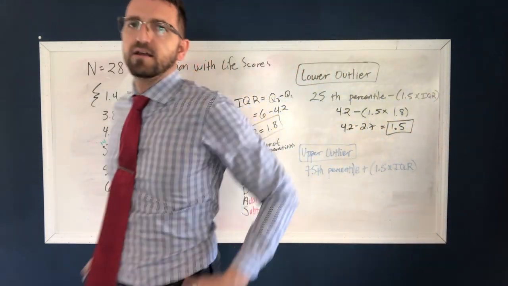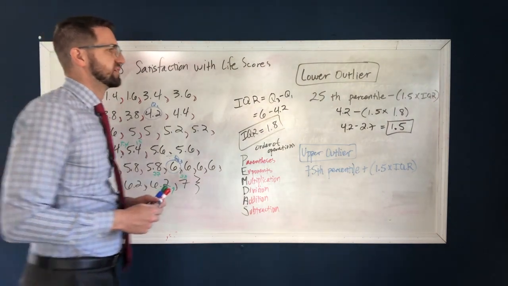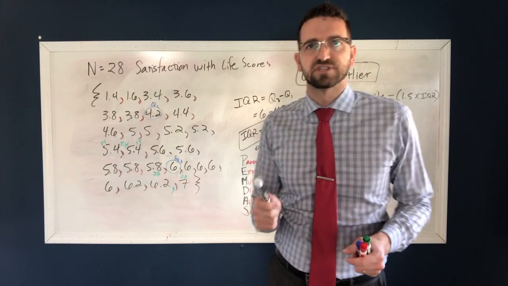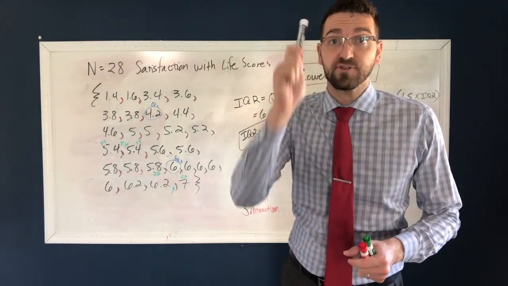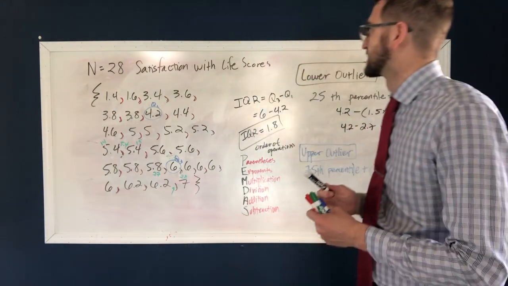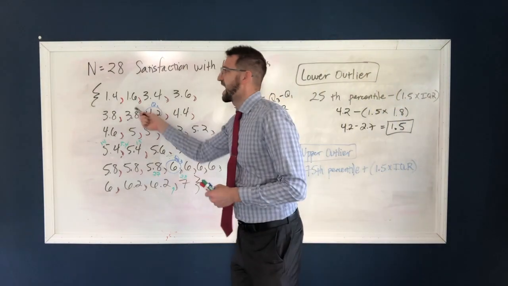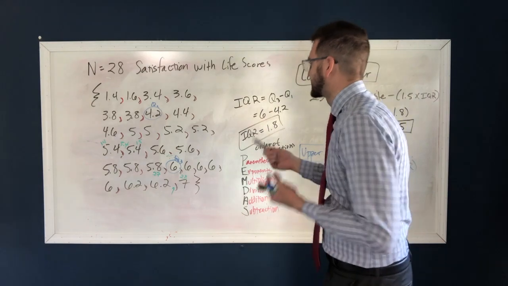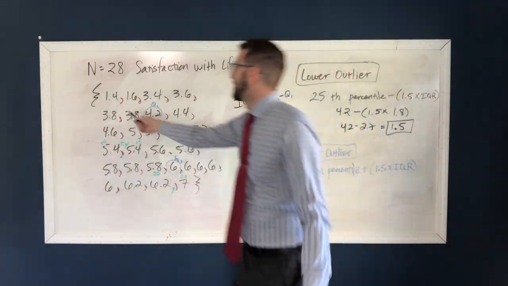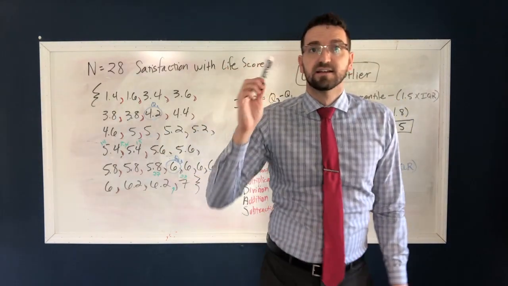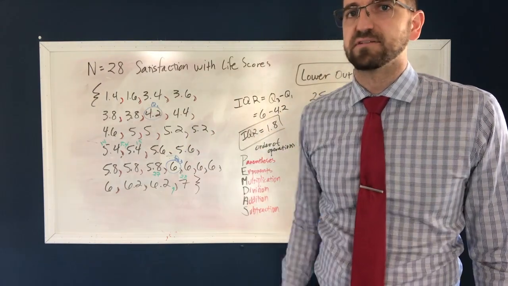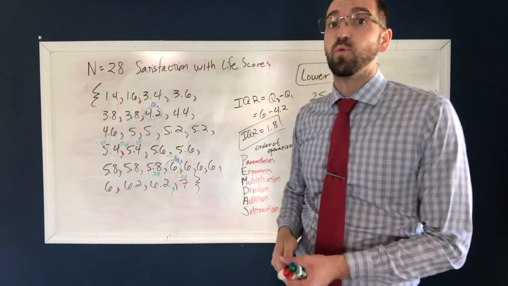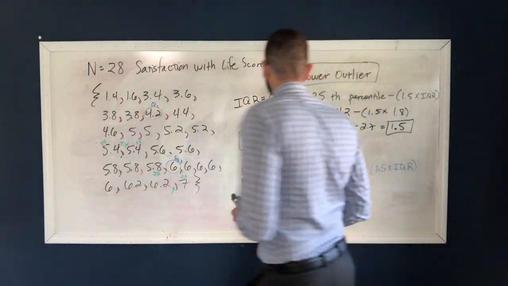So what does that 1.5 mean? It means any values in the distribution that are 1.5 or lower are considered outliers. Look over here. Do we have any lower outliers? And the answer is yes, we do, because we have one value that is 1.5 or lower. In this case, it's the value of 1.4. So we do have one lower outlier.